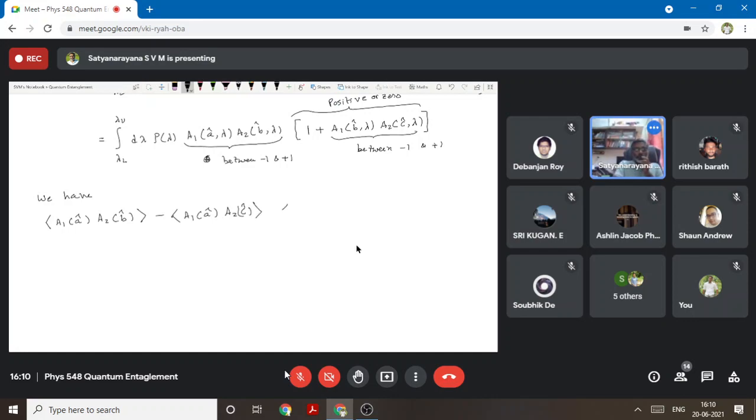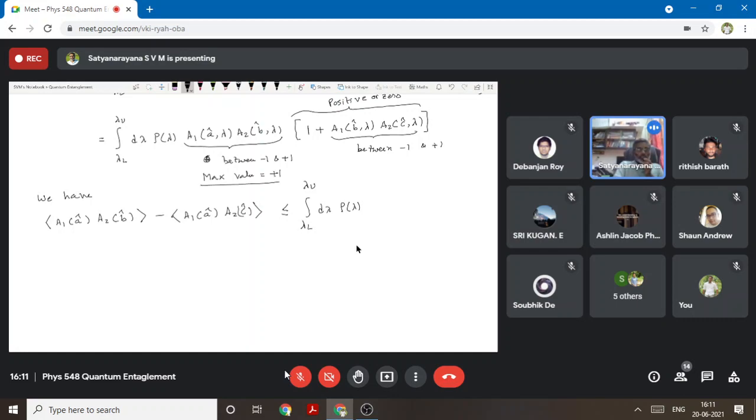This should be less than or equal to the integral from lambda L to lambda u, d lambda rho of lambda. I'm going to choose the maximum value, which is plus 1.